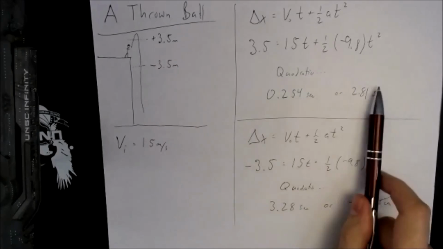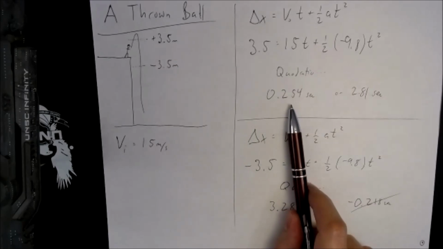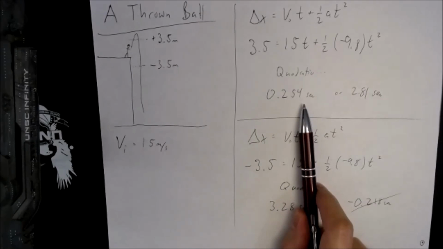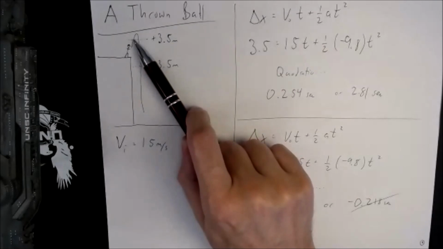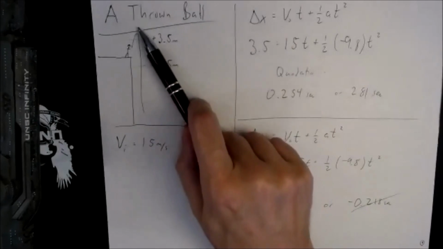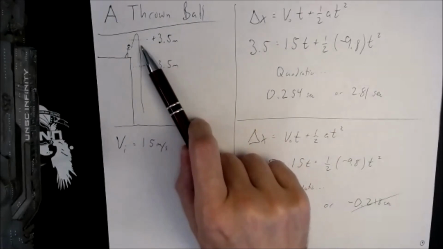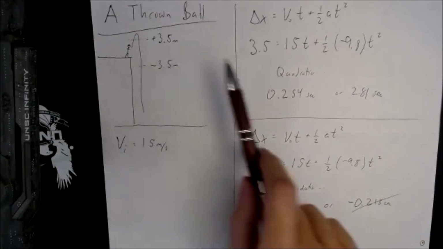You can then look at all the numbers that you've gotten and say, okay, it first gets to 3.5 meters above my hand 0.254 seconds after I throw it. That makes sense. I throw it and it very quickly gets to 3.5 meters above my hand. And then it takes a little bit of time to go up and then start coming back down and then go through the 3.5 meter line above my hand.